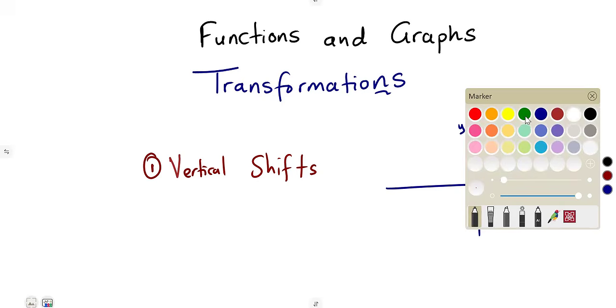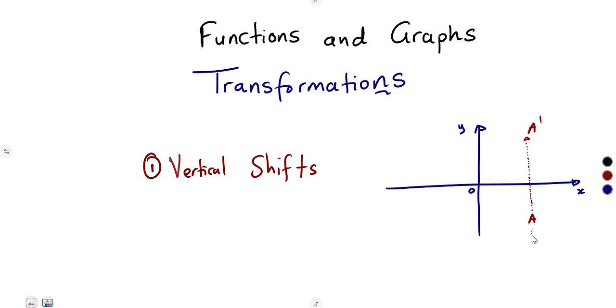Or the point A can be taken vertically down. We can have this point going down and have its image there. So for these transformations, we are going to notice something about this point A. Remember what is happening, guys. We are on a vertical line.